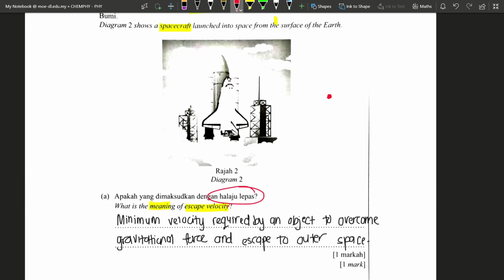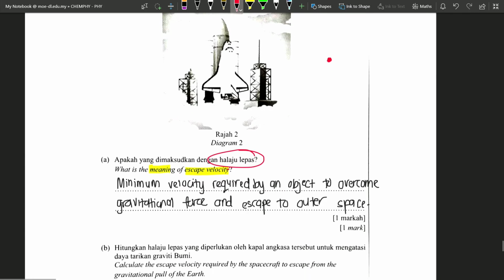Sebab based on definition, escape velocity tu adalah minimum velocity untuk escape to the outer space, untuk overcome gravitational force. So any object on Earth yang nak escape gravitational force, yang nak overcome gravitational force and escape to the outer space, the velocity must be higher than the escape velocity of the Earth.